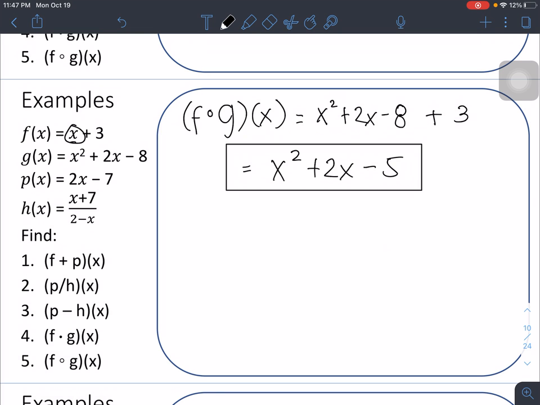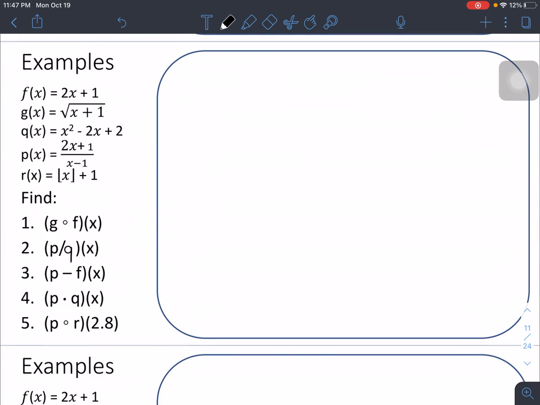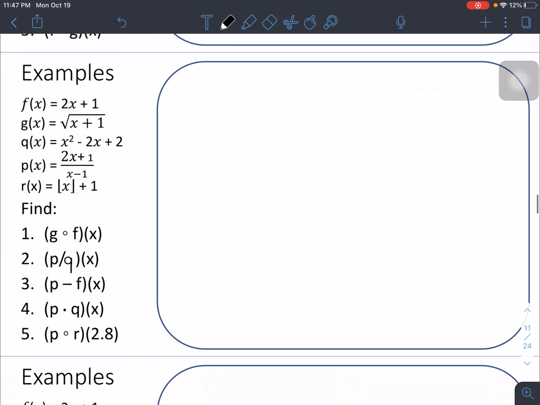Okay, so let's have more examples. We have g composed of f function. So we try to replace all the x's inside the g of x with the f of x function. So we have g composed of f of x. Again, g of x is the square root of x plus 1.